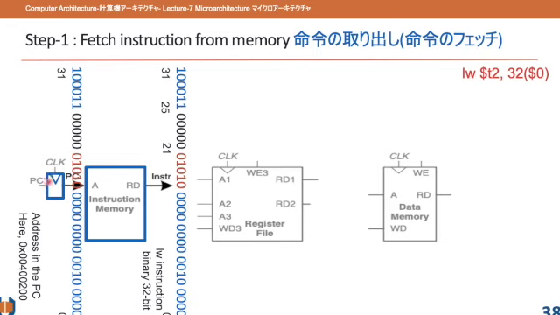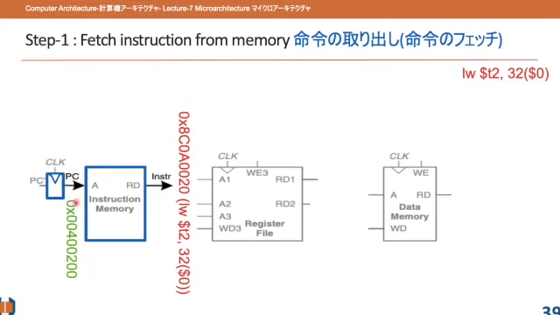The program counter holds this address, and at this address we have this instruction. So this is the load word instruction at this address. This is the address, and this address contains this data, and this data is the instruction, right?